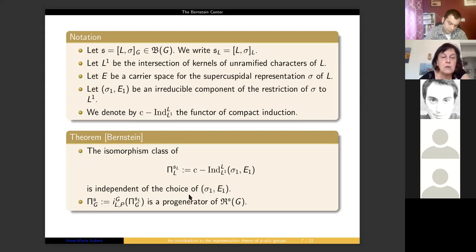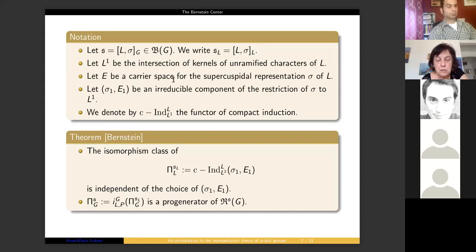Okay, so now I come again to the Bernstein decomposition in general. So I will fix S an element in B of G, and L is a Levi subgroup of G. And we will consider the intersection of the kernels of all the unramified characters of L, and denote this as L1.